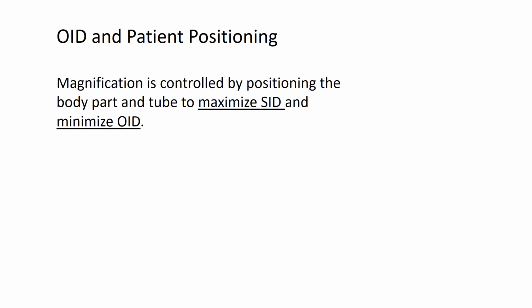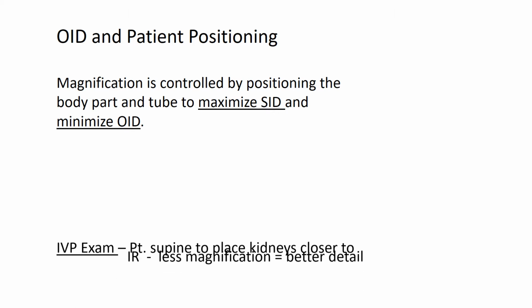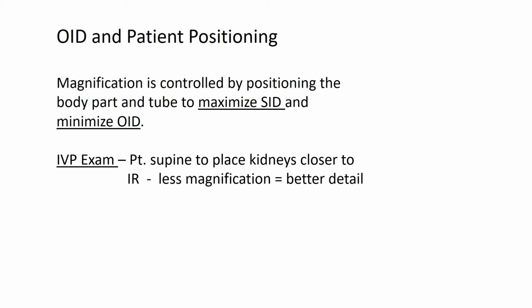OID and patient positioning. Magnification is controlled by positioning the body part and the tube to maximize SID and minimize OID. For example, with an IVP examination, this of course is an examination done for the kidneys, the patient is placed supine on the table.